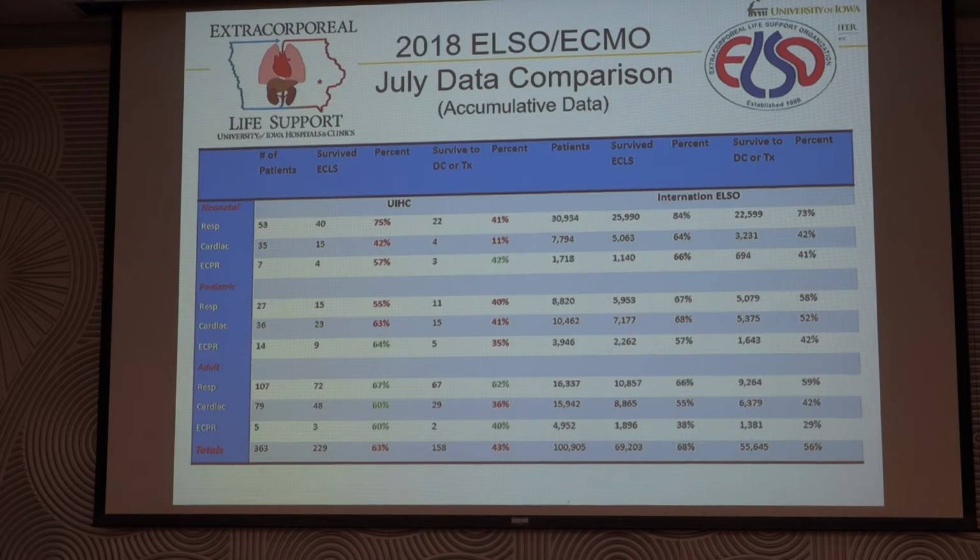If you figure this is a patient population that when we put them on probably has a mortality rate of right around 80 to 90%, 63% survival isn't too bad. You're giving a patient population that's more than likely going to die at least a reasonable chance of survival. Once again, the numbers in green show where we're above the international average, and red shows where we're below.